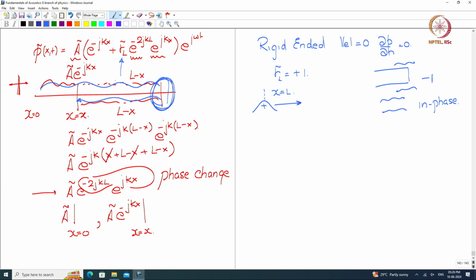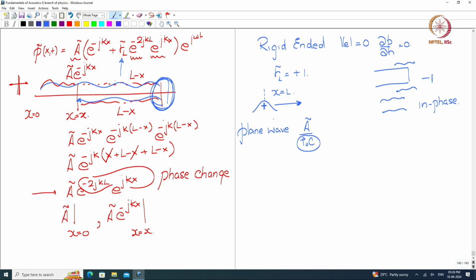Okay. Because why? Because this is a plane wave. We are looking at a plane wave. In a plane wave, if the pressure is A tilde, the particle velocity is A tilde over rho 0 c. Okay. So if I have a maximum pressure here, the velocity will go along with it and it is towards the right with just a ratio.